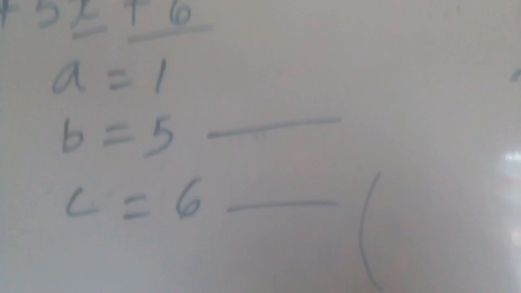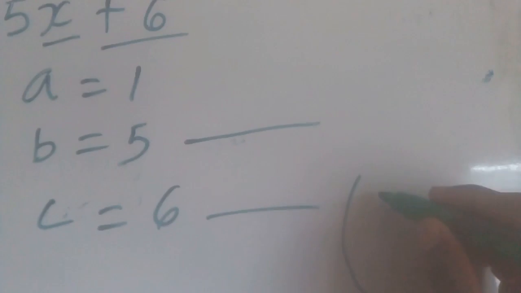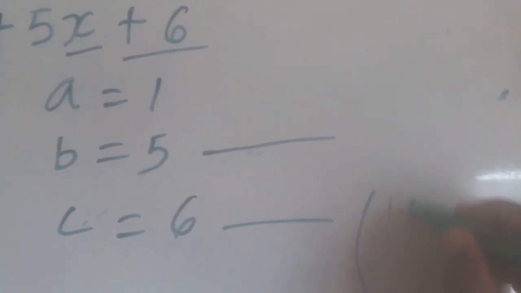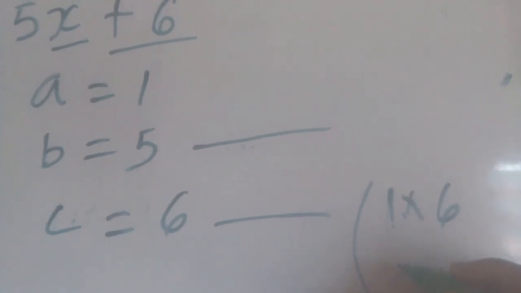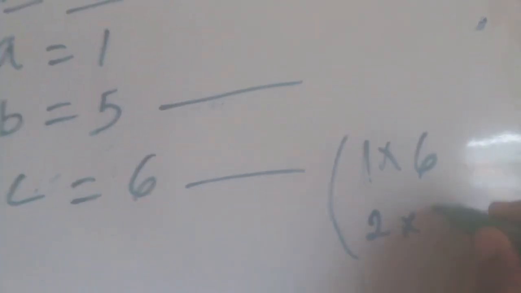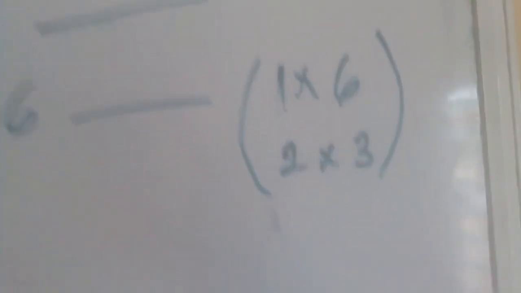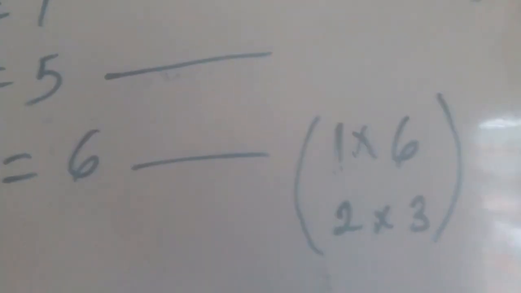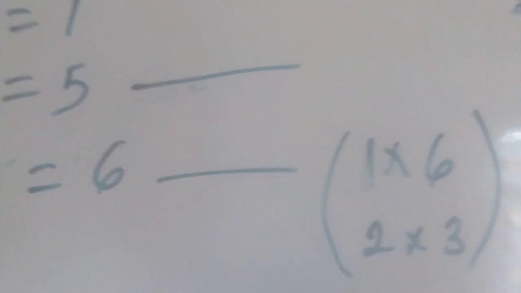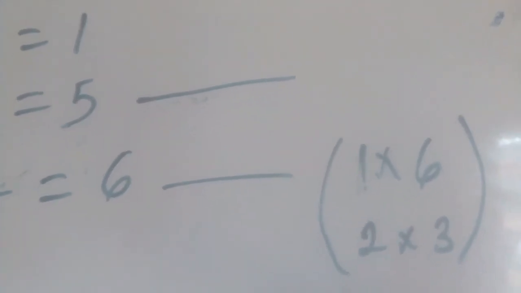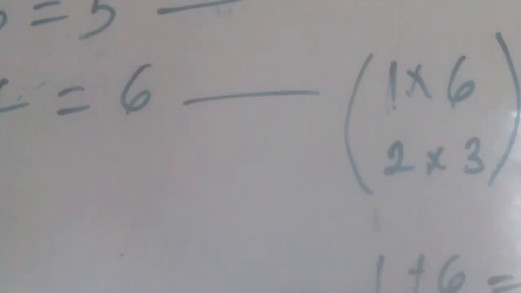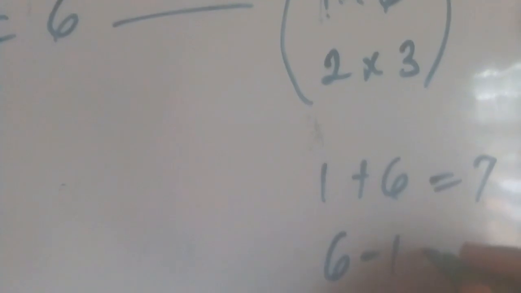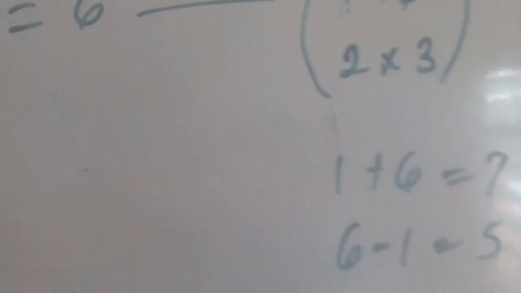If you look at the factors and begin to write them down, you see that 1 times 6 and 2 times 3 are the factors of 6. If we take the first, 1 and 6, we have 1 plus 6, and the sum is going to give us 7, while 6 minus 1, the difference, is going to give us 5.